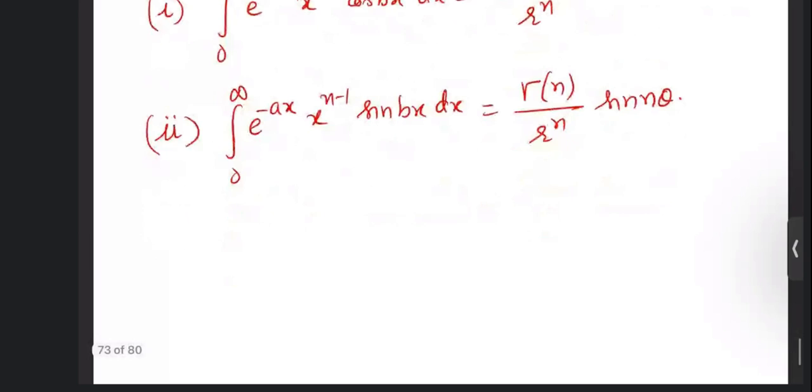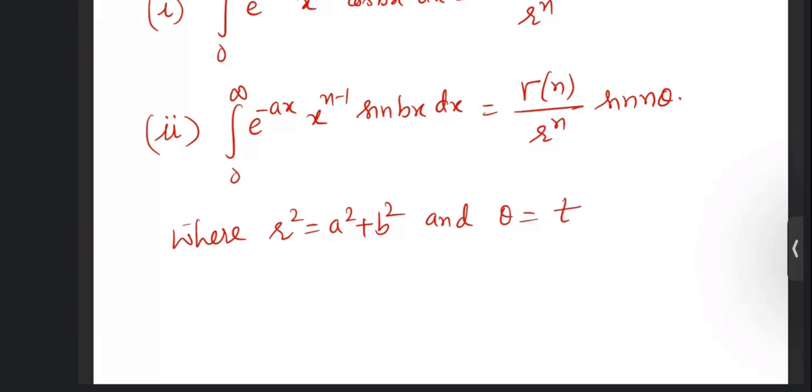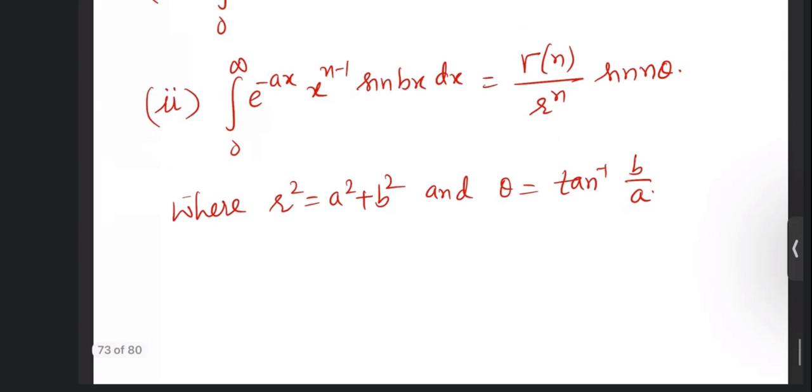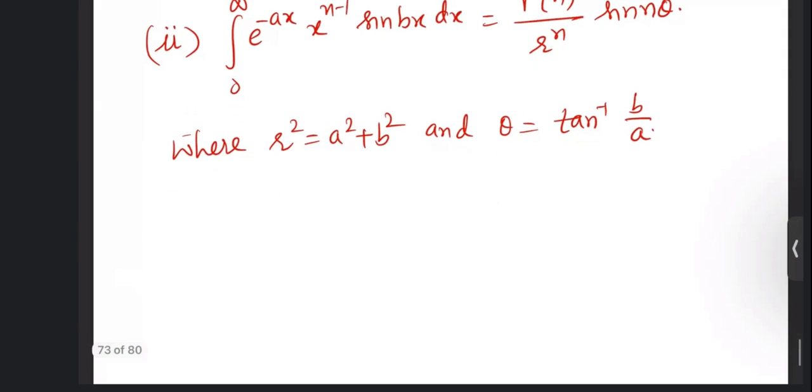These two are to be deduced after proving the first one, where r square is equal to a square plus b square and theta is equal to tangent inverse b by a.